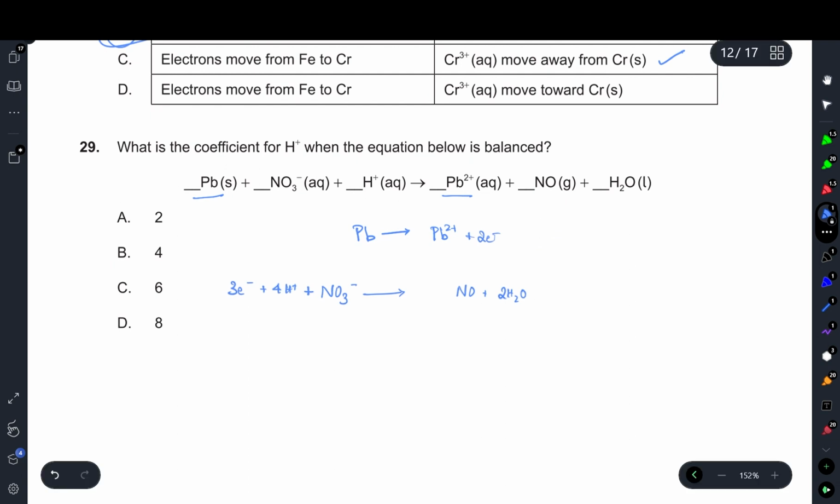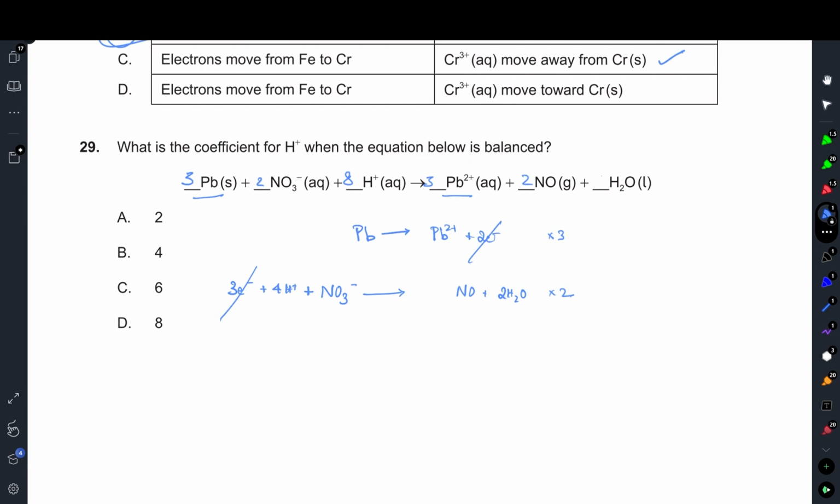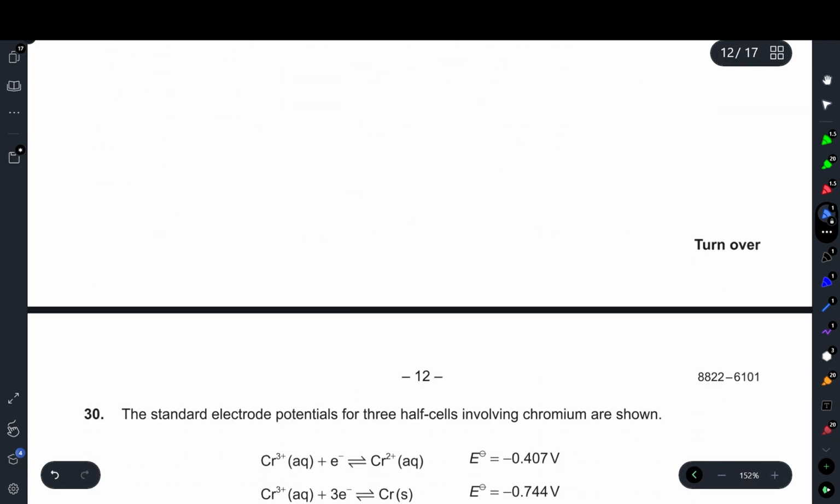Now you need to multiply this by 3 and this by 2 in order to cancel out the electrons on both sides, giving you a final answer of 3, 2, 8, 3, 2, and 4. And the coefficient for H+ when the equation is balanced, question 29, option D.